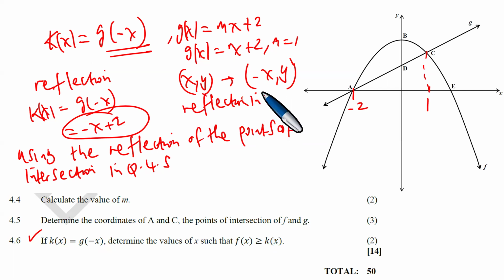Reflection in the y-axis. If you reflect in the y-axis, it means x becomes negative. So, in other words, if you reflect 1, it's going to be minus 1, but the y remains the same.